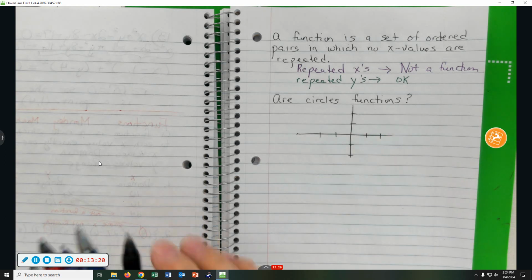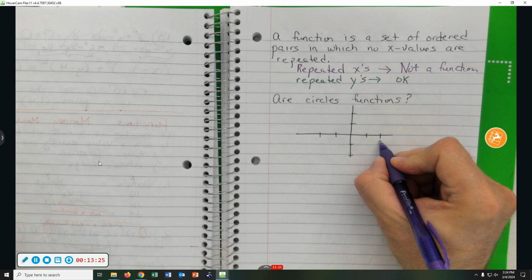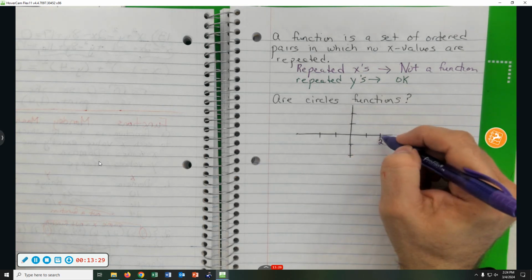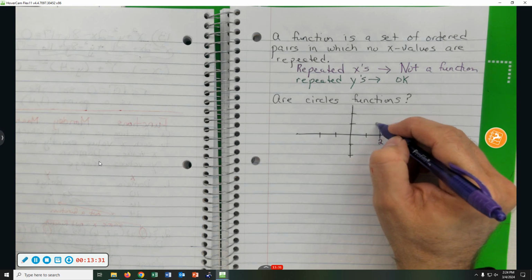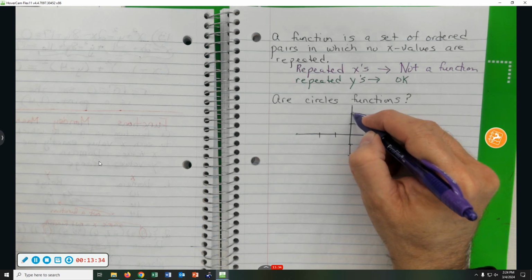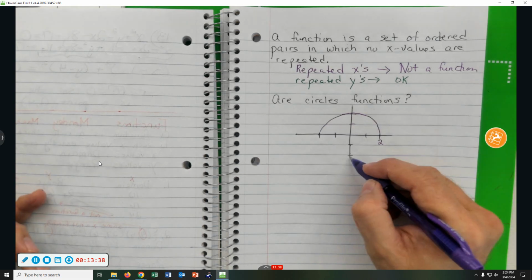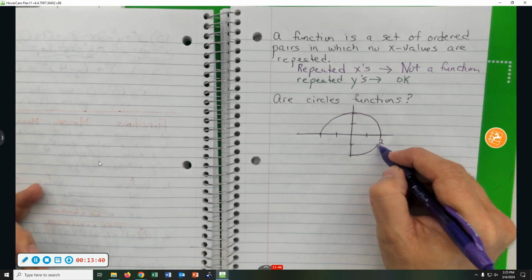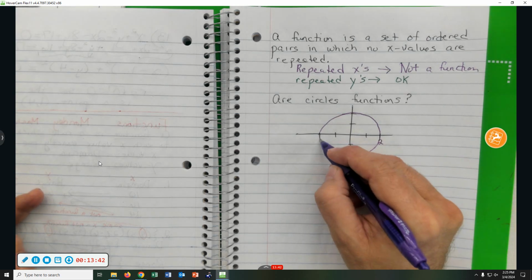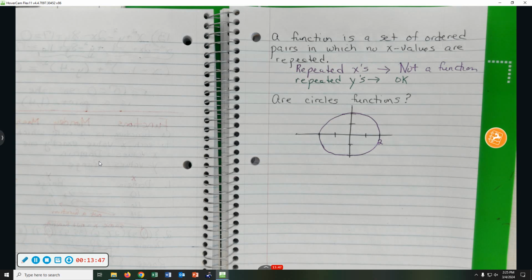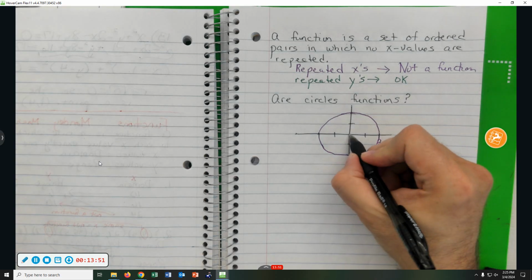I'm going to pretend that what I'm about to draw is a circle. I'm going to try to draw a circle centered at the origin with a radius of 2. So over here it would be at -2. Looks more like an oval than a circle, I suppose, but we'll just pretend. Okay. So I'm drawing a circle centered at the origin with a radius of 2.